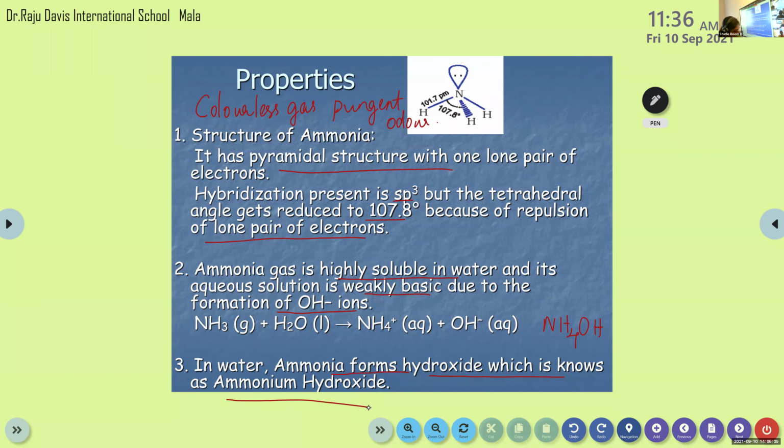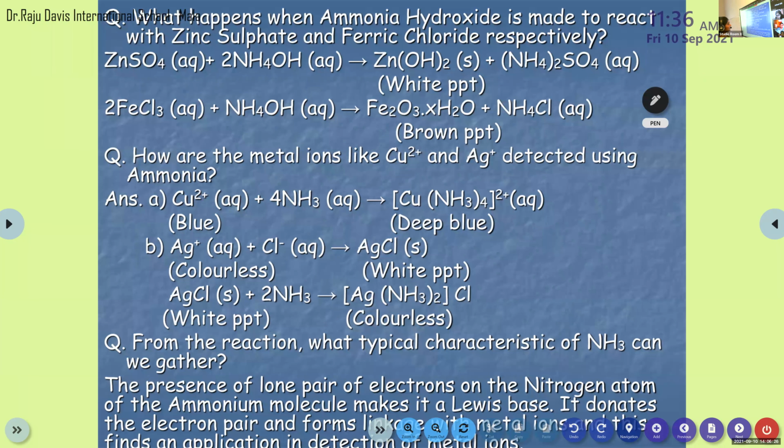Clear, children? Then their freezing point and boiling point are also given here in the textbook. Its freezing point is 198.4 and boiling point 239.7. Clear? Yes. Then about the chemical reactions.